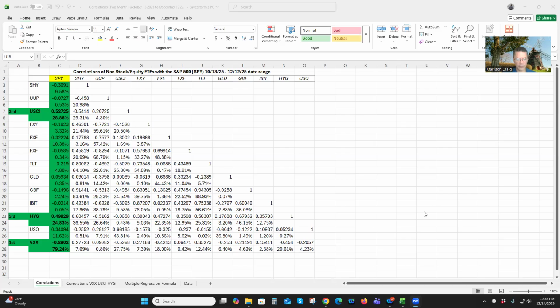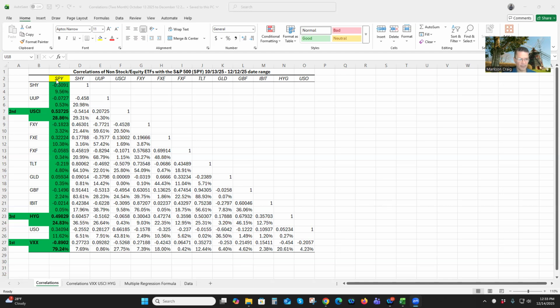What you see in front of you is a large correlation table matrix. It's the closing price of various exchange-traded funds, and the date range is from October 13th, 2025 through the market close on Friday, December 12th, 2025.